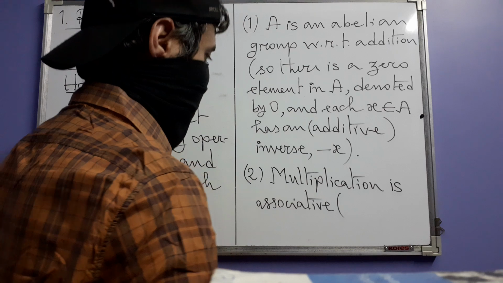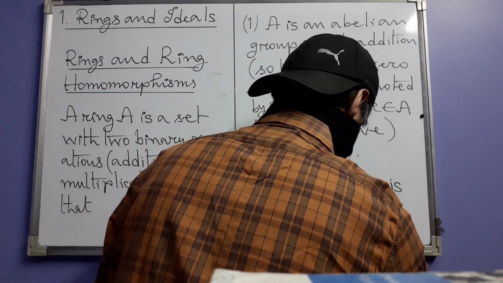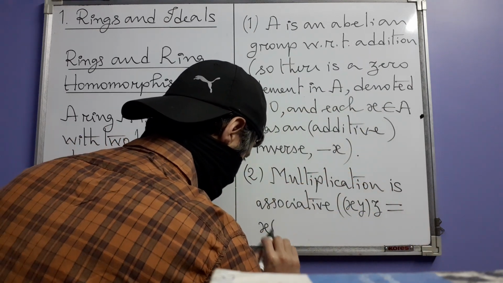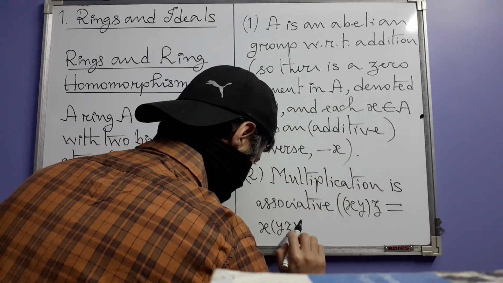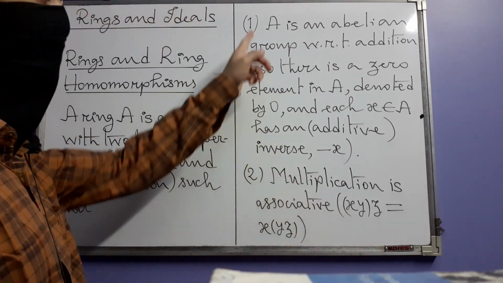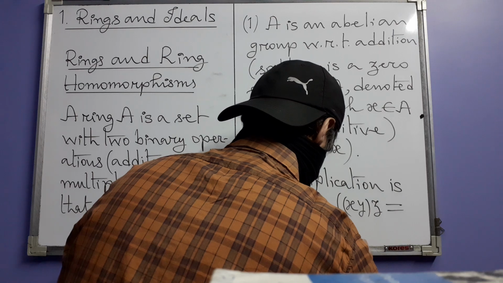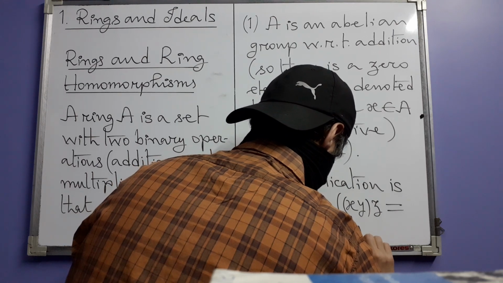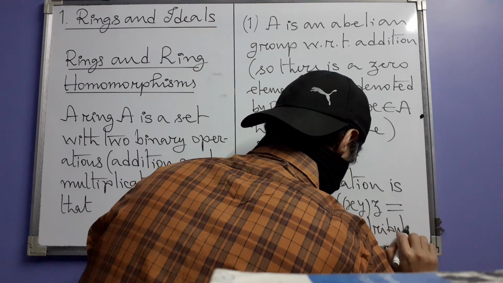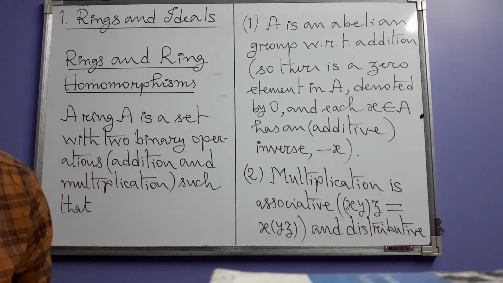And the authors write that this means x y times z is equal to x times y z, where of course it's understood that x, y and z are elements coming from A, and distributive over addition.